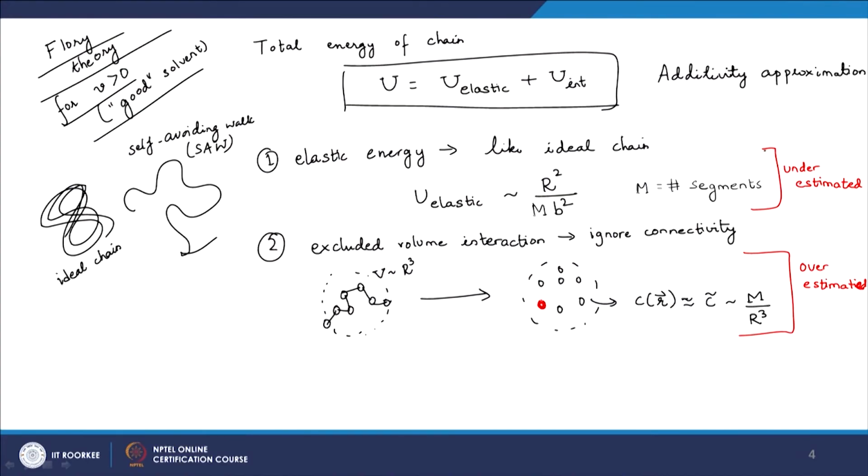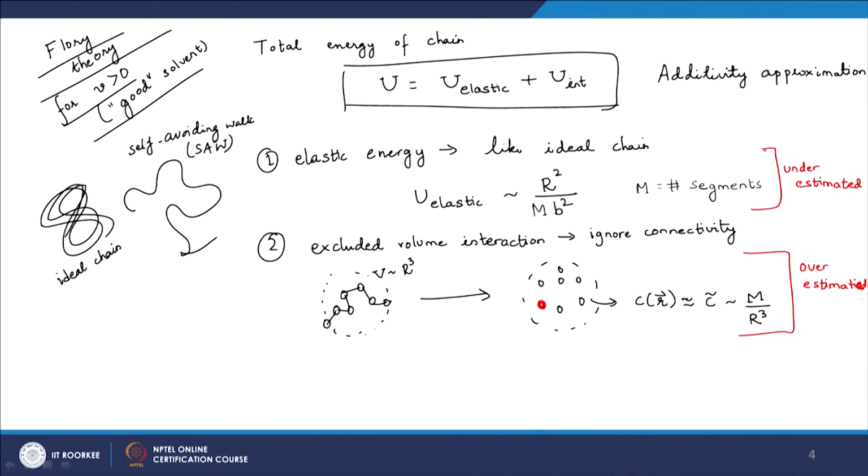Of course, the next segment has to be close, but if I go farther along the contour, they have to be farther from this particular segment. There is no way that we can have a uniform distribution of segments around it. So, we always overestimate excluded volume from what it should be.